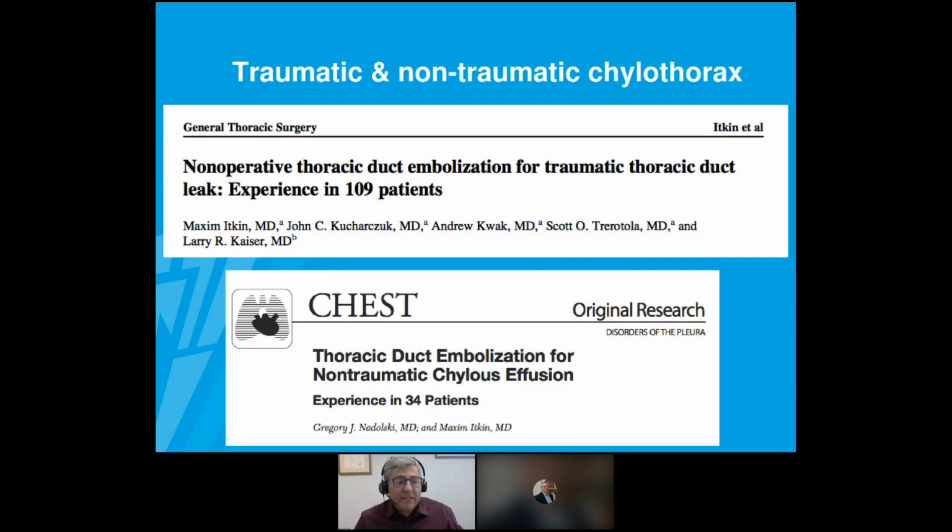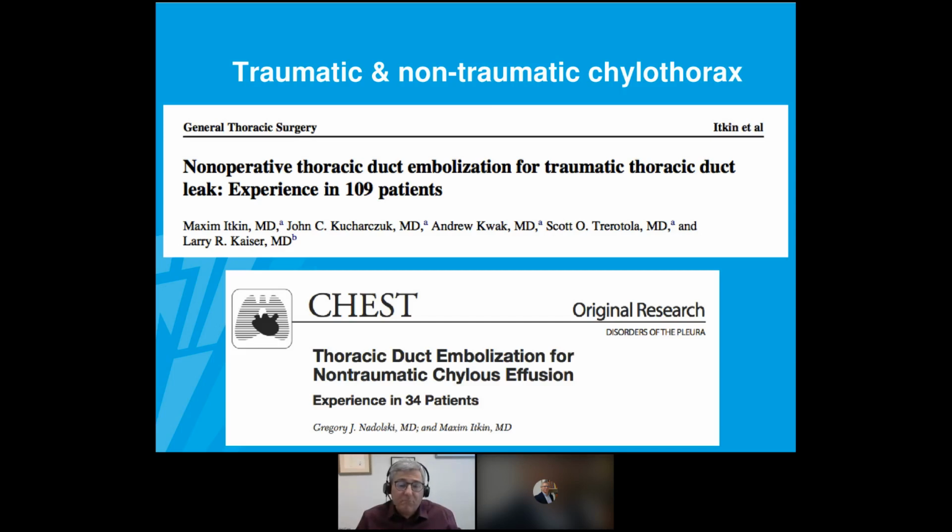As I already said, one of the first indications for diagnosis and also treatment of lymphatics were these chylous effusions, chylothorax. This chylothorax can be traumatic.